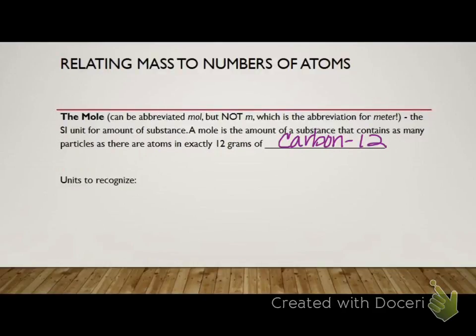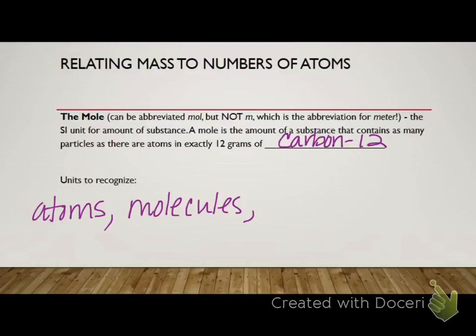It is a counting unit, so there are going to be some things that we need to recognize. You can have a mole of atoms, and we talk about atoms when we're referring to elements. So you could have 6.022 times 10 to the 23rd atoms of copper. We talk about molecules, and molecules, when we get further in the year, you'll find out are for covalently bonded nonmetals.